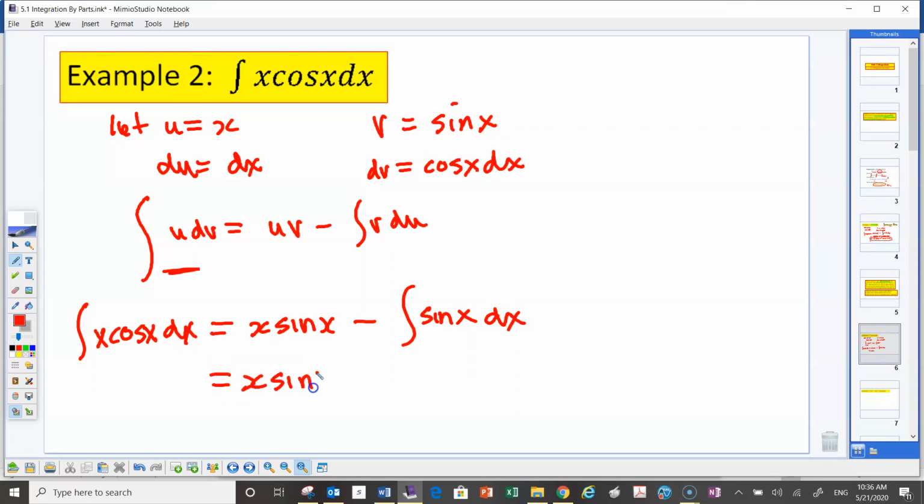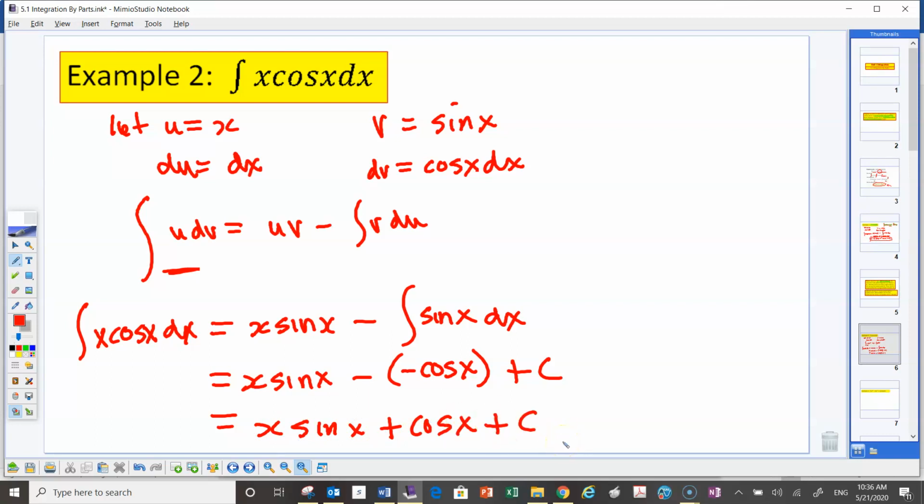So this becomes x times sine x. The integral of sine is negative cos x plus a constant. So your final answer would be x sine x plus cos x plus a constant.